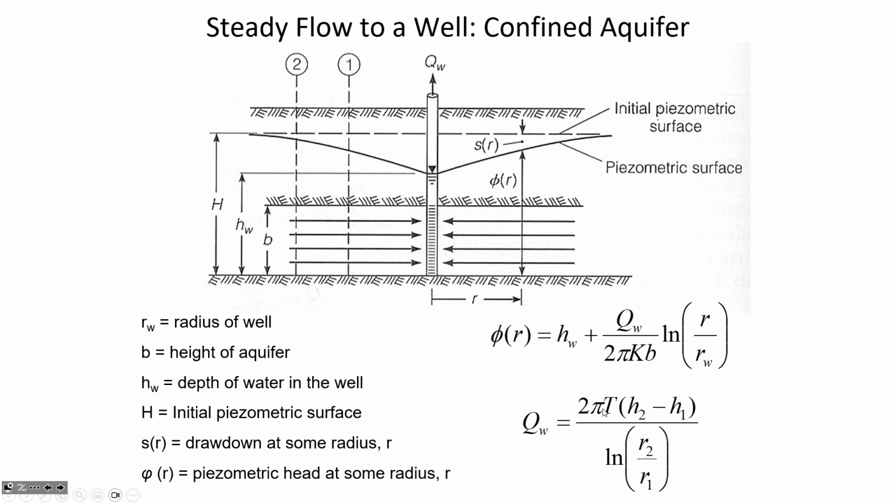Okay, so 2 and pi, we don't get any units there. What about transmissivity? What are going to be the units of transmissivity if that is K times B? So K would be length per time, so maybe it's meters per day. And then B is the thickness of the aquifer, so that's units of meters.